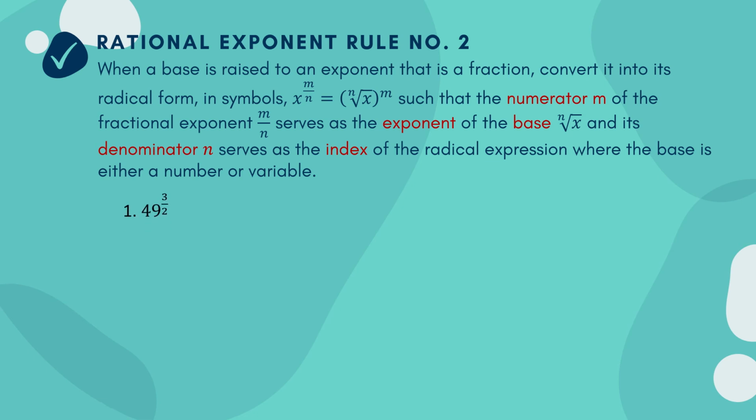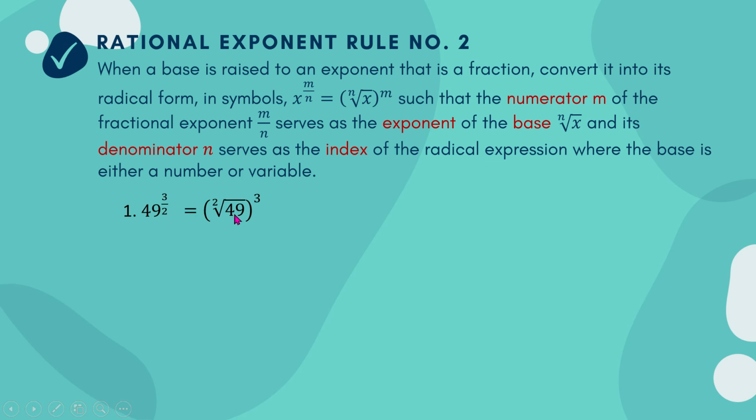So example number 1. Our base here is a number, that is 49, and is raised to an exponent that is a fraction, 3/2 or 3 over 2. So how are we going to rewrite that into its radical form? So same as before. Following this format, the denominator 2 will be our index.